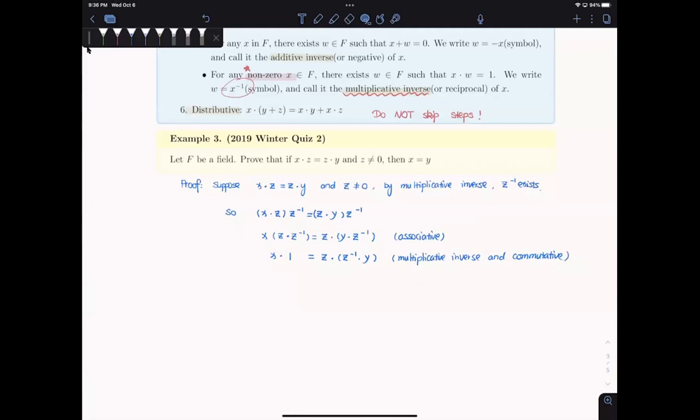Whatever. Why do I use commutative? It shouldn't be associative. The commutative is because I switched this. I don't think we're that strict, but sure, you can say this on the left hand side and this on the right hand side, to be perfect.